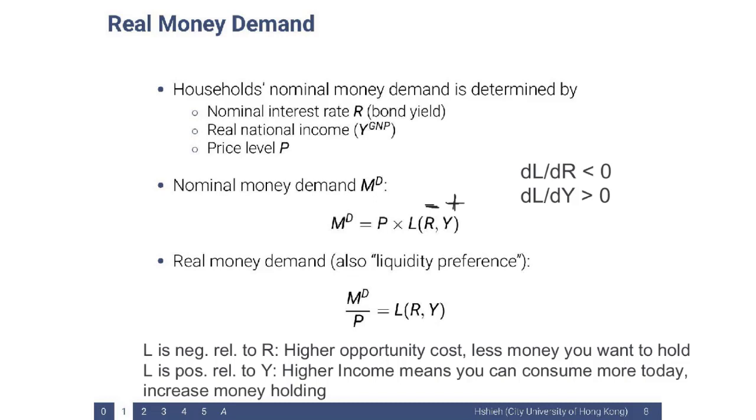L is positively related to Y. Higher income means you can consume more today, which means increased money holding. Do you mean all is positively related to Y? Oh, yes. Correct. Sorry, to Y.